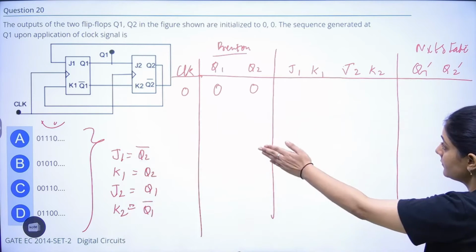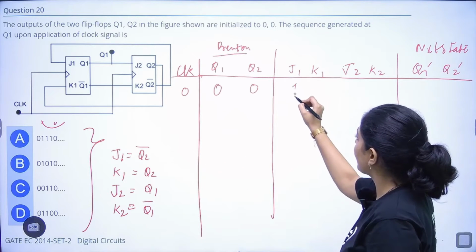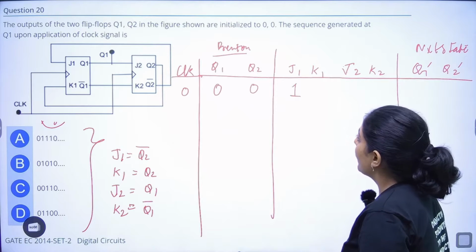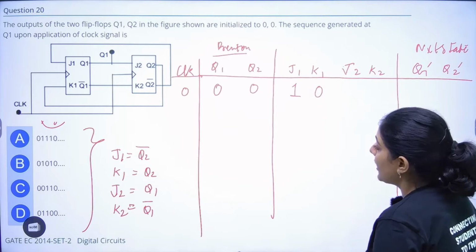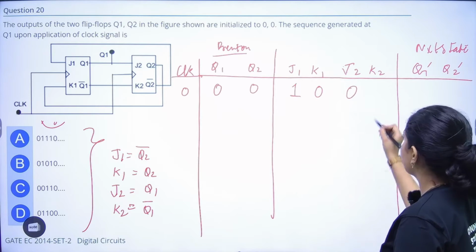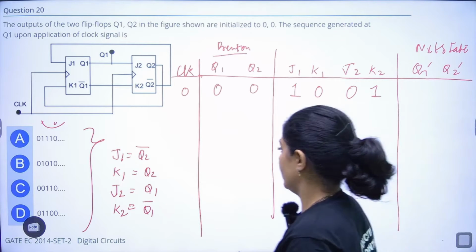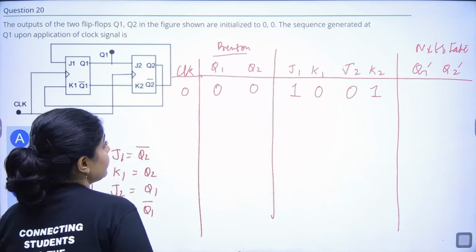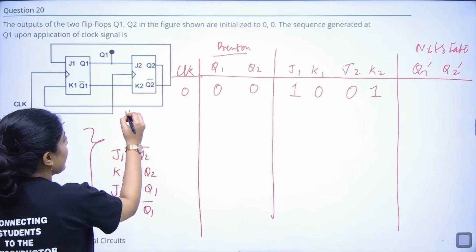Clear? So J1 value will become Q2 bar, that will be 1. K1 value will become Q2, that is 0. J2 value will become equal to Q1, that is 0. And K2 value will become Q1 bar, that is equal to 1. I have to draw the excitation table also. Let me draw it here, very small.